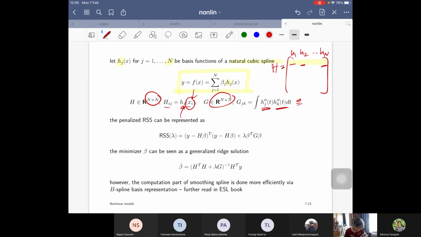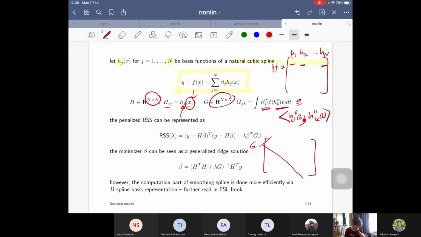I would like to mention that this is actually an inner product in the functional space, if you study more about analysis. The continuous functions form a vector space, where we can define an inner product of functions. So now imagine that the matrix G is n by n.